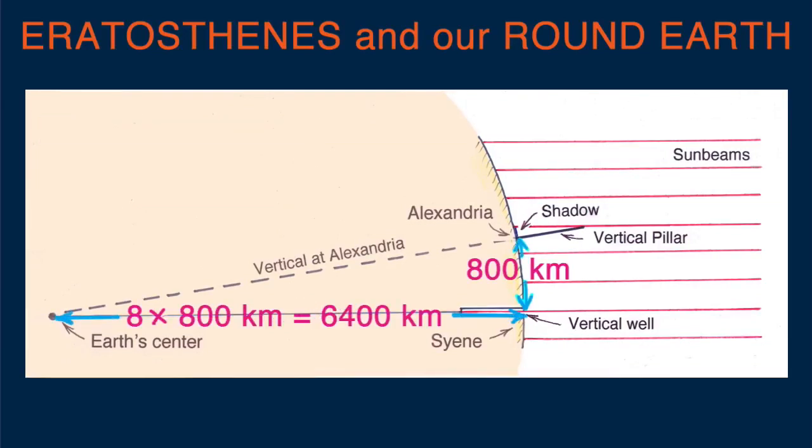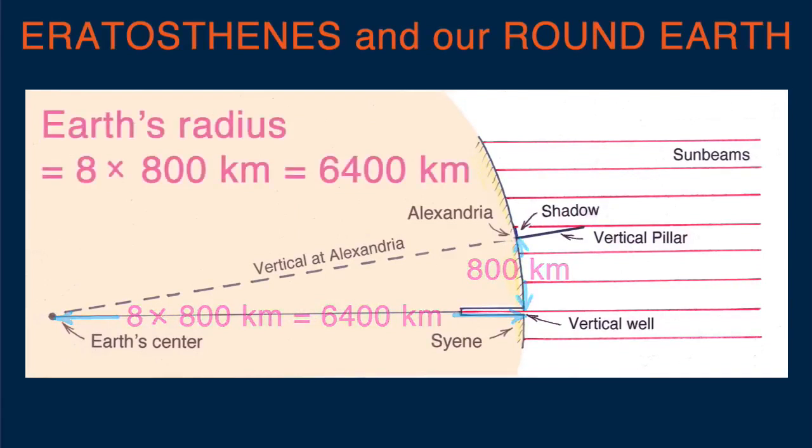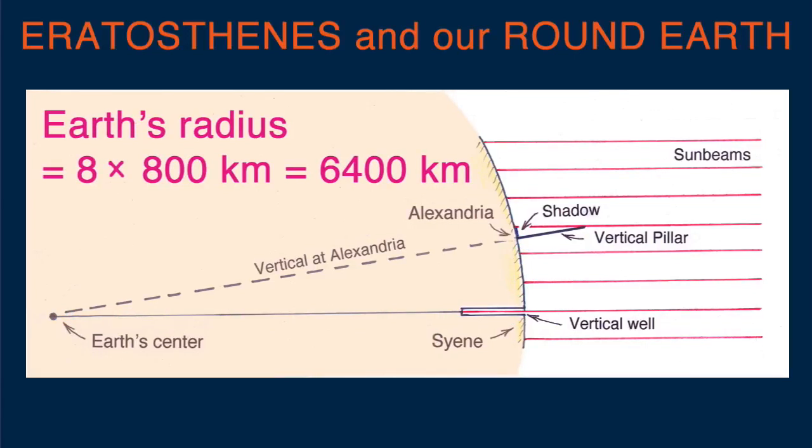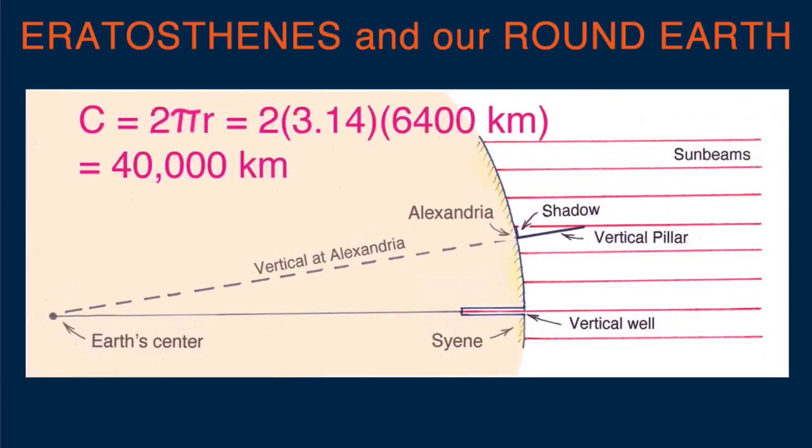And Earth's radius, remarkably, equals 8 times 800 kilometers equals 6,400 kilometers, very close to its presently accepted value. How about that? If we know Earth's radius, we know its circumference, C equals pi d, or 2 pi r. Earth's circumference is some 40,000 kilometers, in general agreement with Eratosthenes' findings.